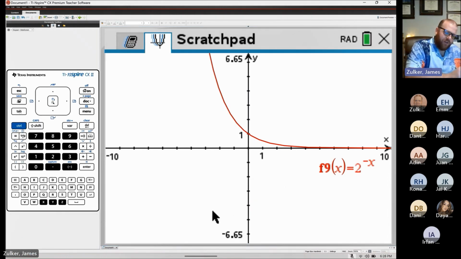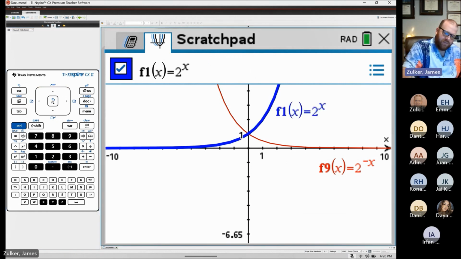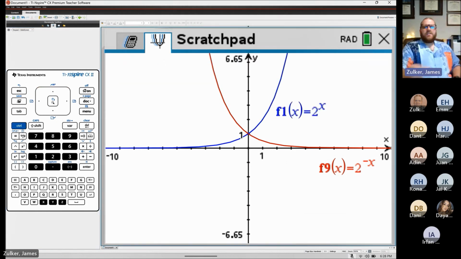Now let me turn on that as well, just so I have both graphs together. And indeed, as expected, they are mirror images of each other across the y-axis.